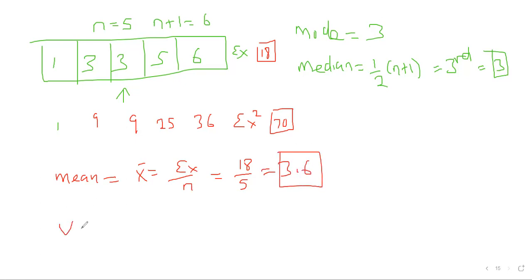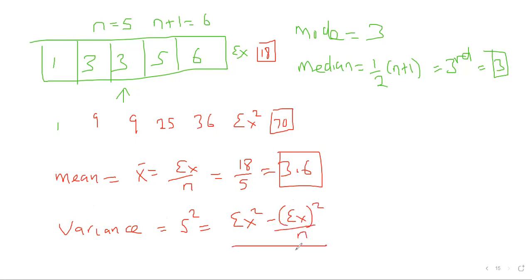Okay. Then we have the variance. How do we find the variance? Variance is denoted by the symbol s squared. It is given by summation of x squared minus the summation of x, all squared, over n, all over n minus 1.